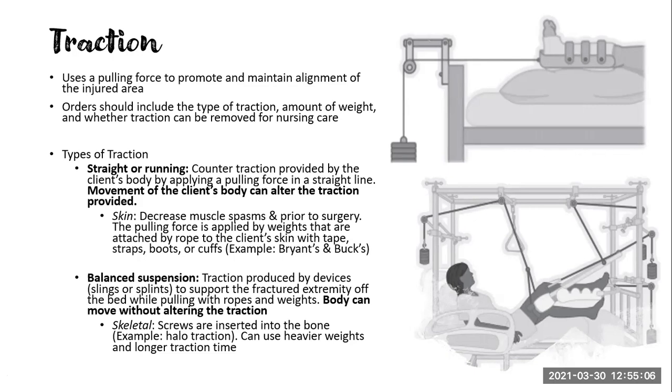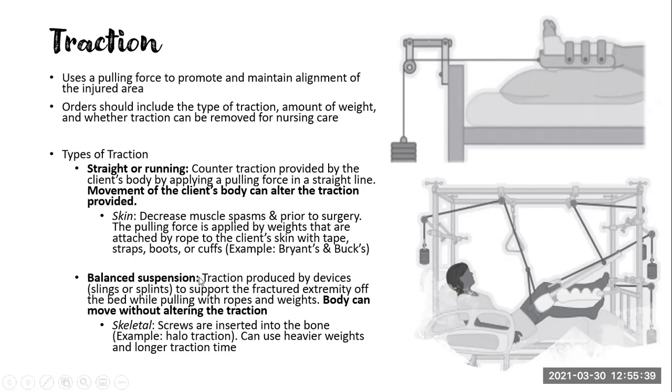It is a counter traction caused by the client's body. And it's basically this right here up top, that's Buck's traction. Bryant's traction is another one. Bryant's and Buck's are the straight skin traction. These patients cannot move. Movement is going to alter the traction provided. So they can shift their weight and everything, but there's really no reason for them to be moving all around.